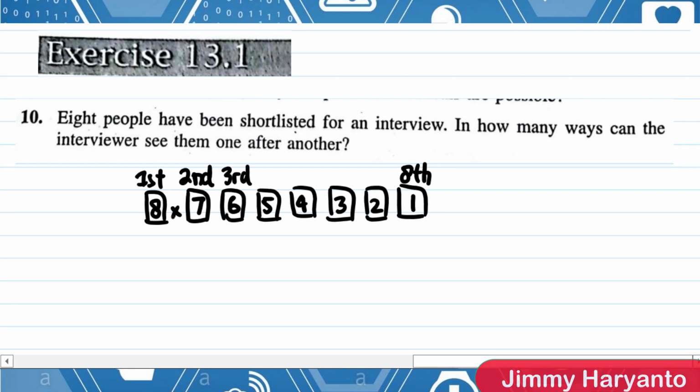Or you can say it's 8 factorial, because we want to arrange 8 people in order. 8 factorial equals 40320 ways.